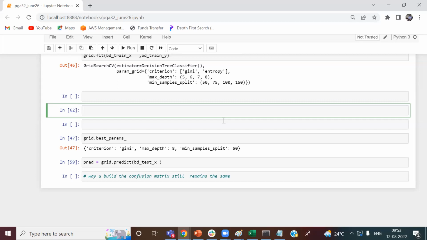कंफ्यूजन मैट्रिक्स क्रिएट हो गया? किस किसका हो गया गाइस?